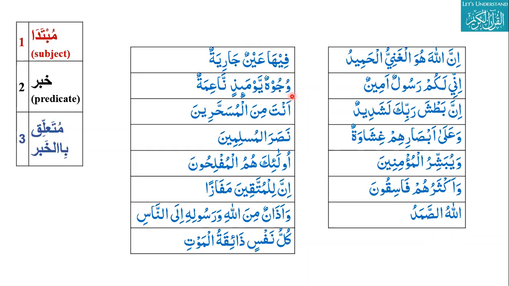Okay, next is wujuhun yawma izin na'ima. Ibrahim Akhtar, can you tell us? وجوه يومئذ ناعمة. وجوه is مبتدأ and يومئذ ناعمة is خبر. Okay. You can also say, yawma izin is mudaf ilayh. It could be khabar.